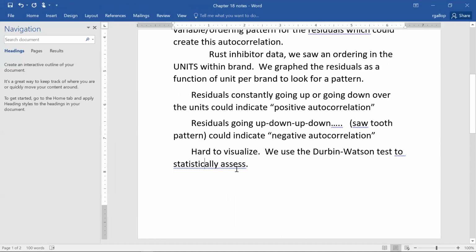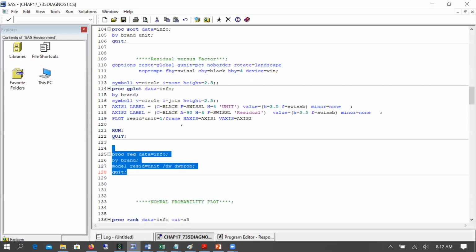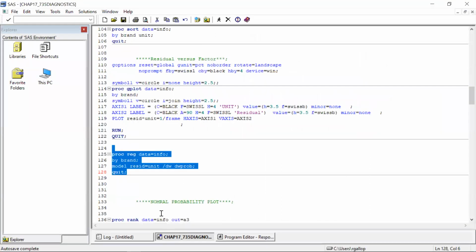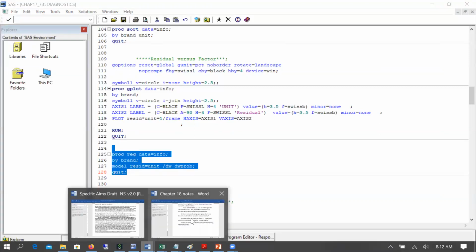So again, we use the Durbin-Watson test to statistically assess whether or not we have a violation. So that's cool. We saw no evidence of a violation of independence in this case. But now here's the big question.